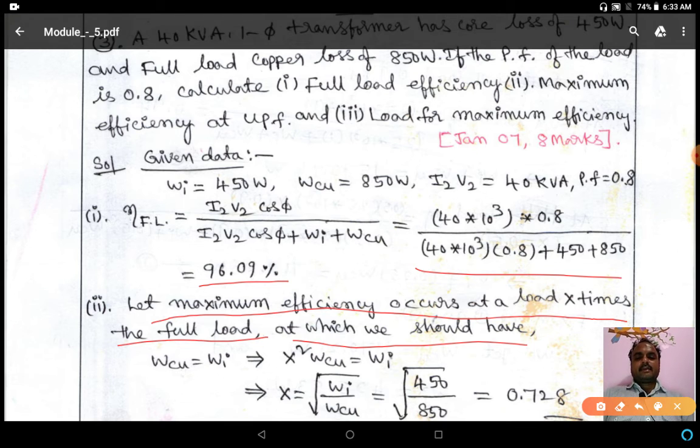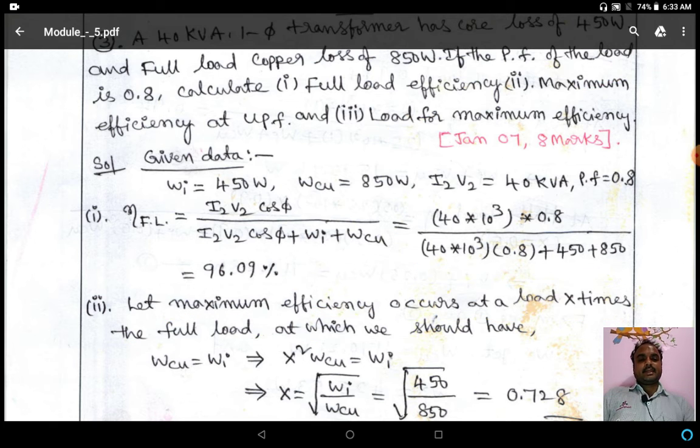Here x square Wcu is equal to Wi. x is equal to root of Wi by Wcu, right? So you will get root of 450 divided by 850 is equal to 0.728. So that is the load for maximum efficiency.